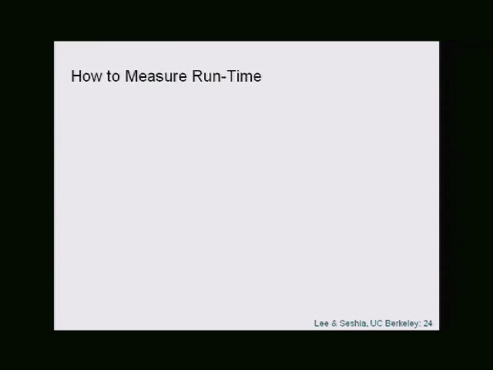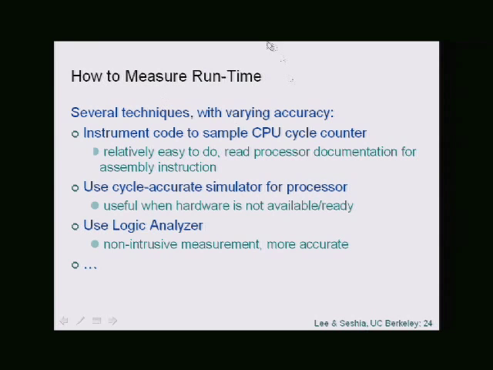And so you can try to sample these CPU cycle counters using inline assembly. This avoids the overhead of making a system call to sample some operating system state. And so hopefully it has two effects. One is the amount of code you need to sample the cycle counter is just a few instructions. And secondly, the number of cycles that code takes to execute is also small. So it reduces the impact in both code as well as execution time.